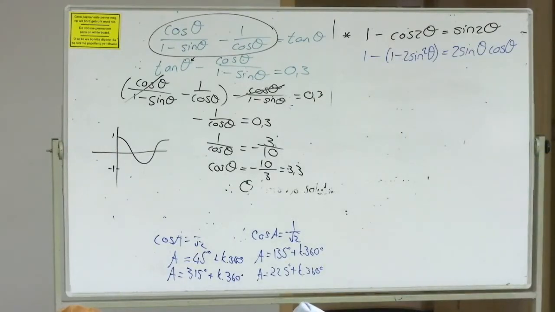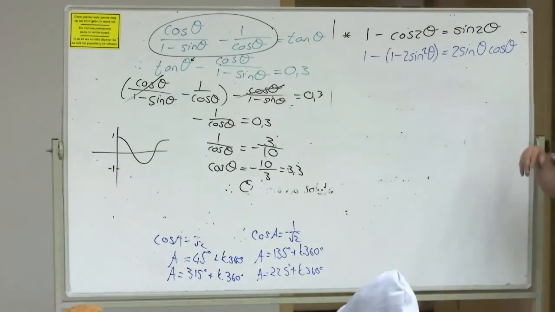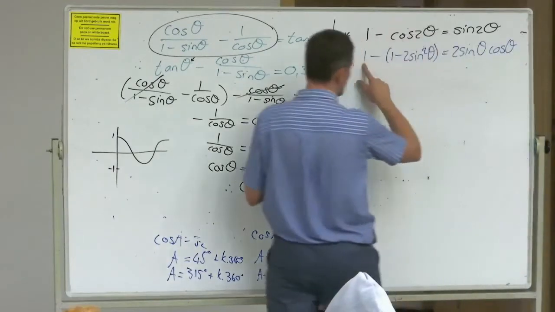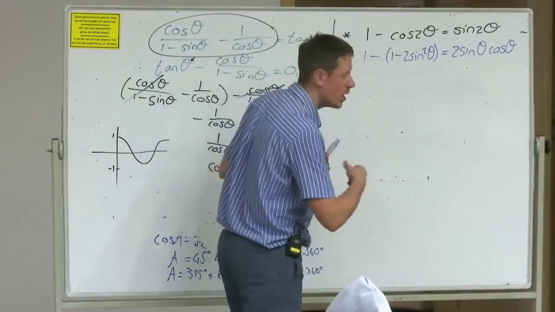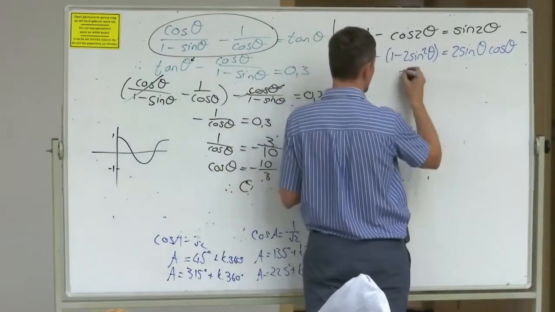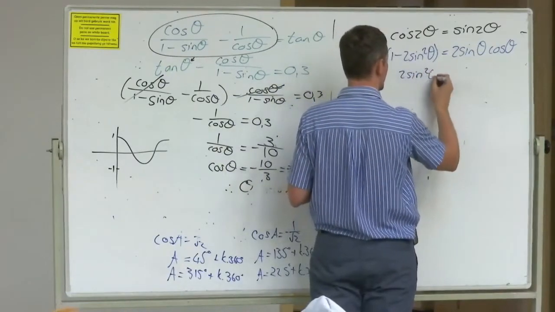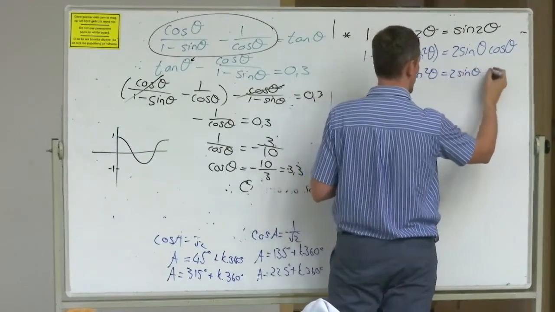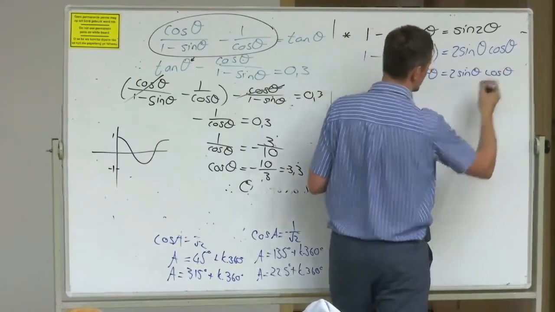So number 1 is I would go and look, where do I want to go? Or can't I cancel out some numbers? Well, in this case I can, because 1 minus 1 is naught. Minus and a minus is a plus. 2 sine squared theta is equal to 2 sine theta cos theta.